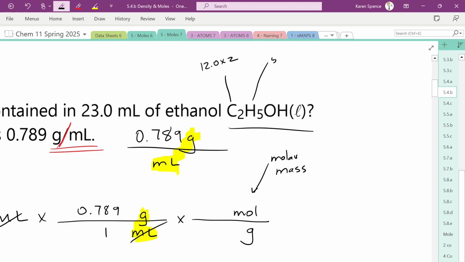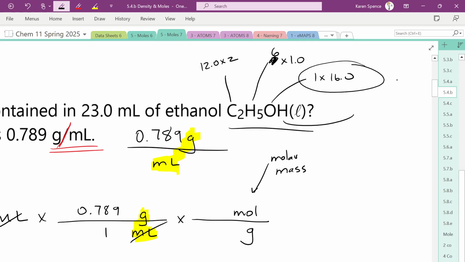We have 5 times 1.0. We have 1 times 16.0. And let's just make that a 6 times 1 because we've got that extra hydrogen on the end. Yes? So 12 times 2 is 24, plus 6 is 30, plus 16 is 46.